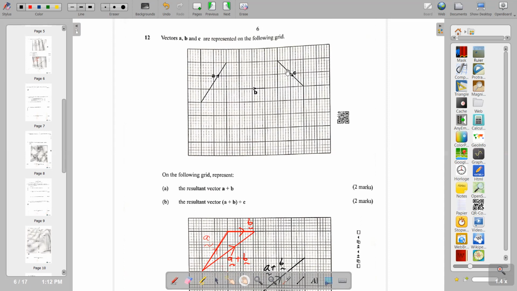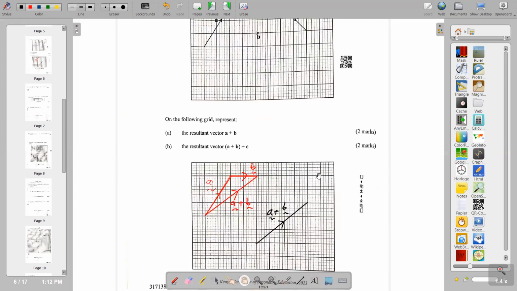So that is (2, -2). From here, 2 steps to the right and then 2 steps down up to here. So I have C, and it is downwards, shown with an arrow.